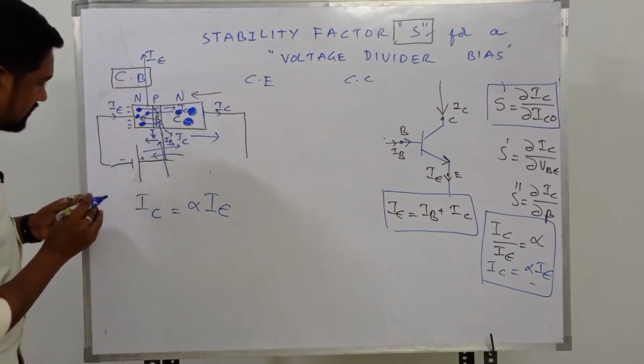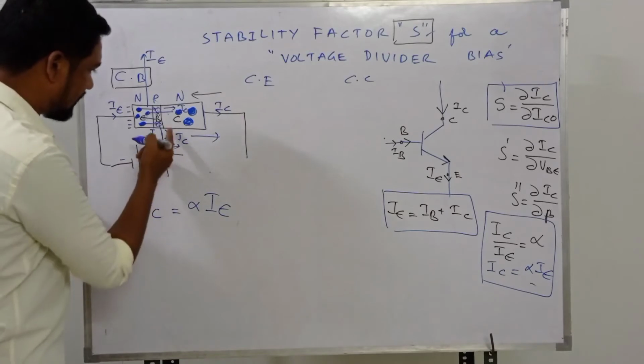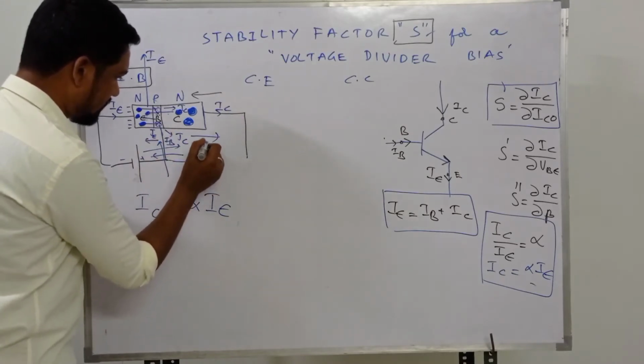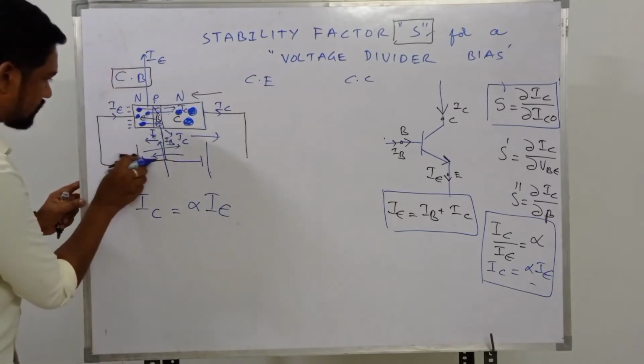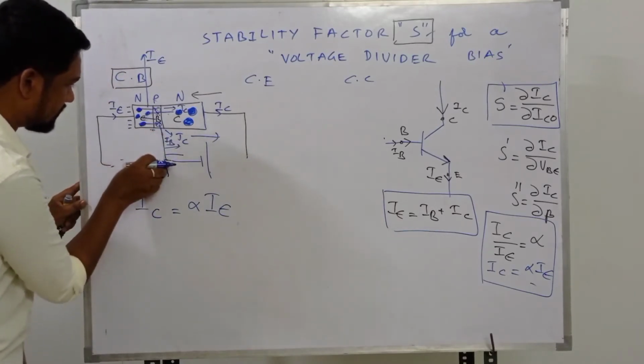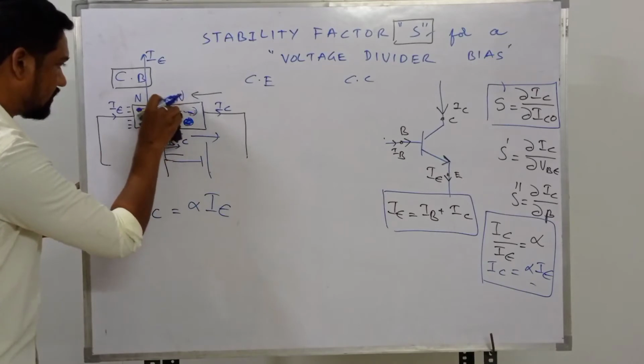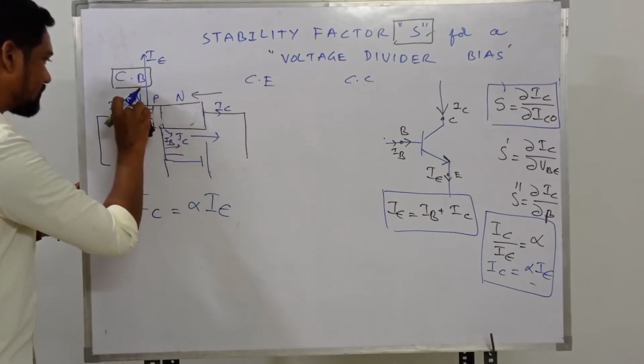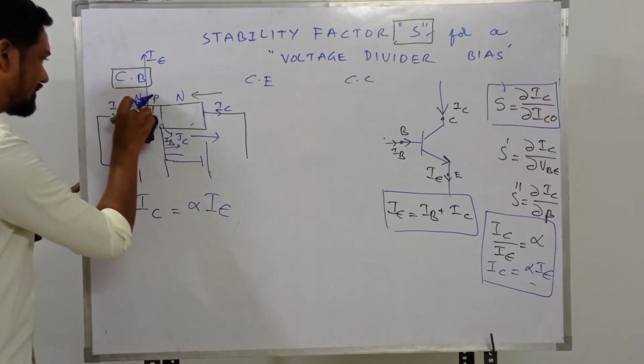And now what about the collector junction? It's a reverse biased junction, isn't it? With the negative and with the positive. Forget about the biasing condition now. We are done with what amount of IE will be IC: alpha times IE will be IC, right?